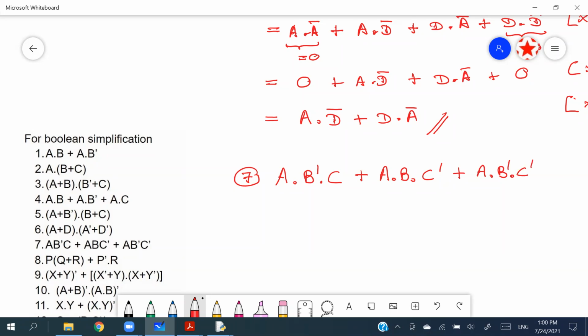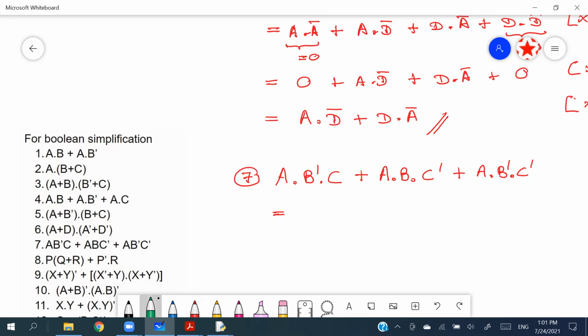You can't apply the distributive law in the forward manner, but you can apply it in the reverse manner here, like taking the common term out. If you consider the first one, you only have one common term over here.